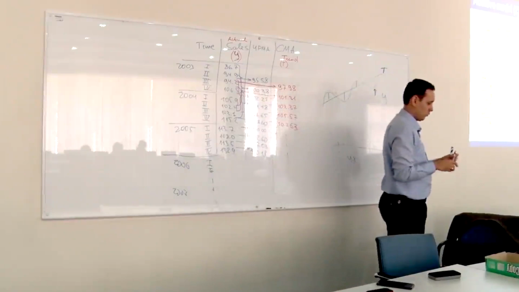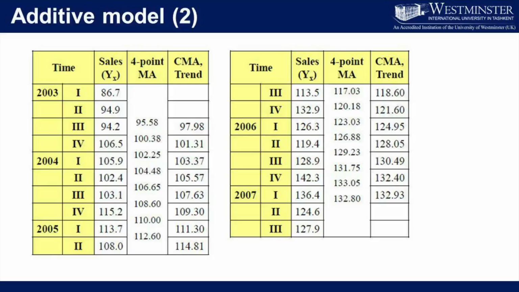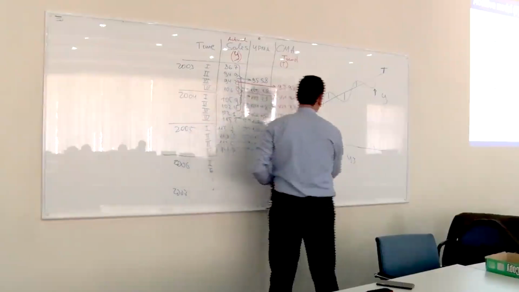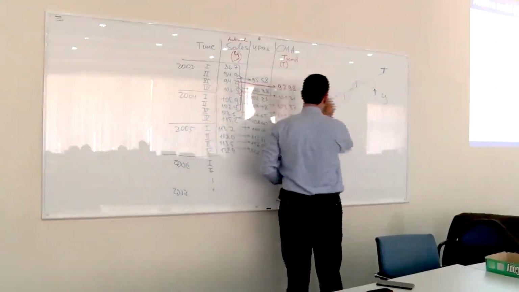So once we calculate the centered moving average, what we do is we plot this actual data. We have to make sure that your graph looks nice and neat.